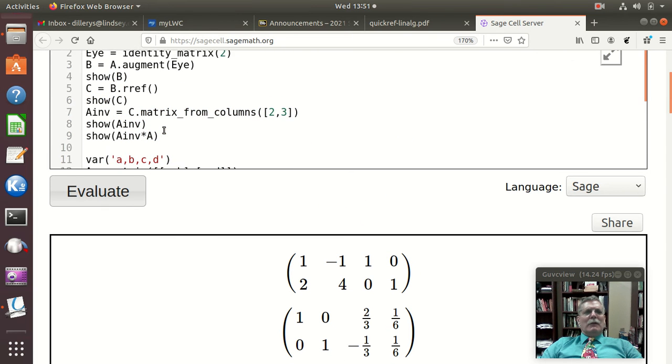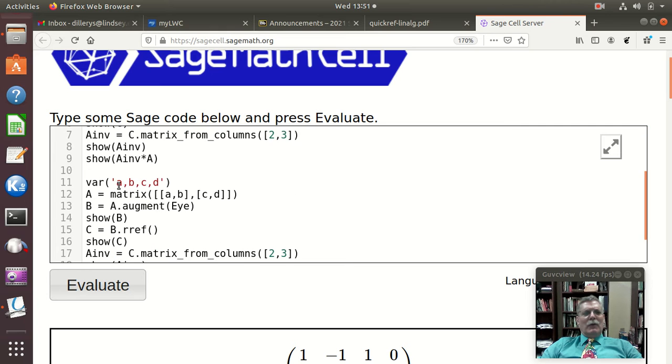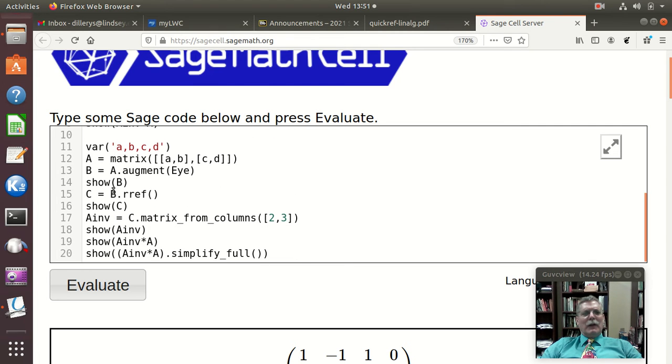So then what I did was I just repeated this whole thing that I have here, but I changed A to a symbolic matrix with entries a, b, c, d. So I said var('a b c d') here in single quotes, and then set up a matrix like that. Now notice I didn't remake the identity matrix, didn't have to redo that, but everything else had to be redone.